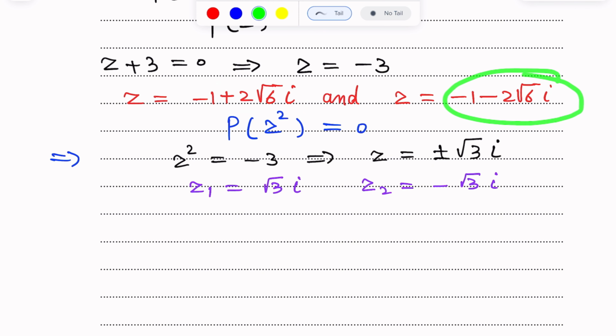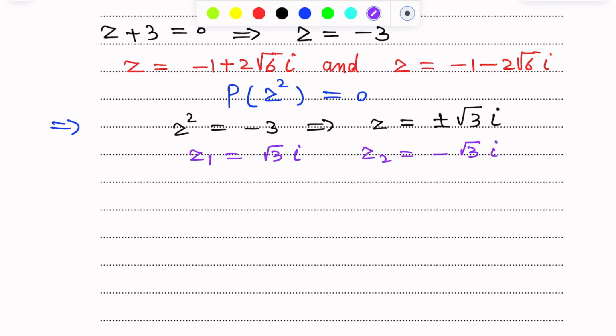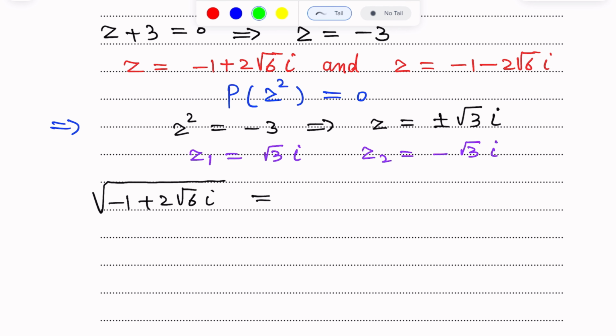Now we will take the square root of this complex number, minus 1 plus 2 under root 6 iota. Then we get two roots from here and two roots from its conjugate. Total roots will be 6. We have to find the square root of this. Let the square root of this complex number also be a complex number.